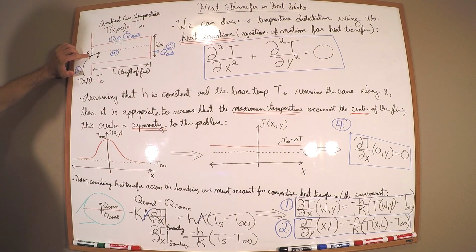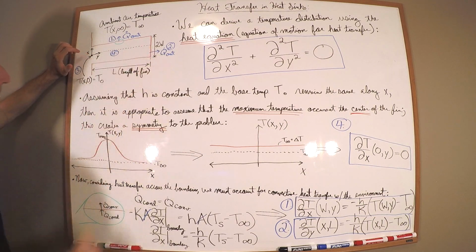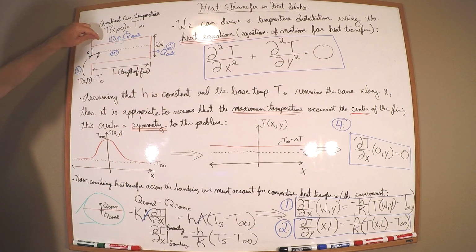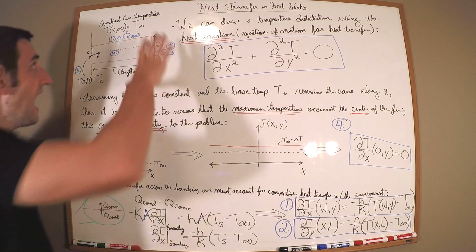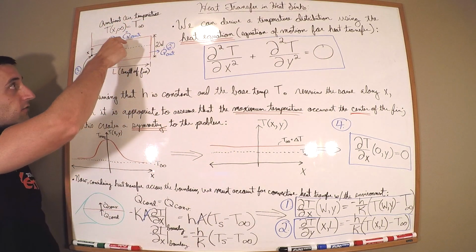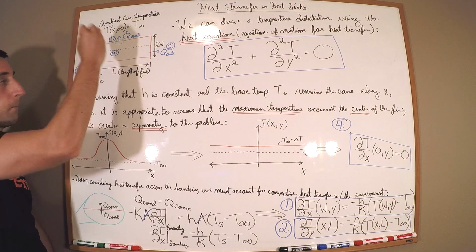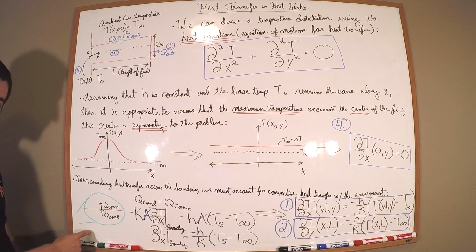Okay? So, we're just going to look at this portion here, and that means that if we have a boundary condition here, we need to account for the heat transfer across this surface and this surface. Okay? The way in which we do that is by taking a look at how the heat transfer is occurring right here. So I have this green circle here. We're going to blow that up down here.